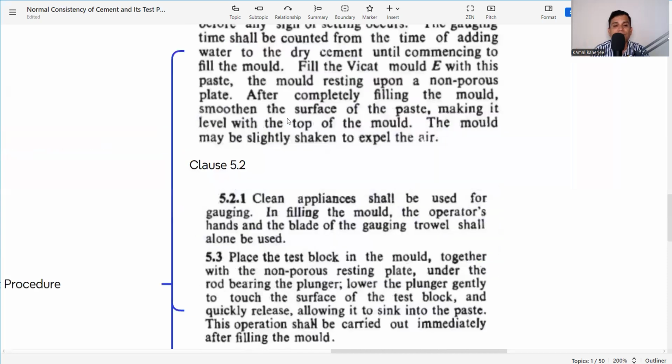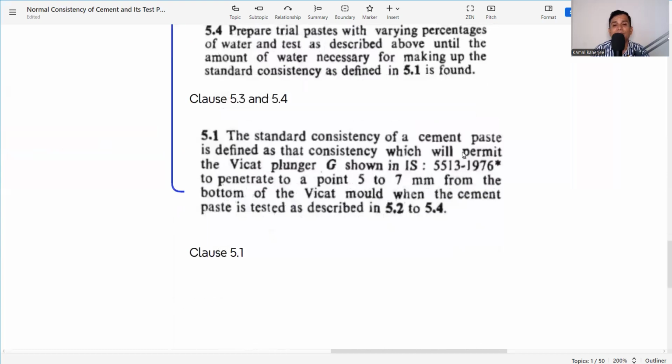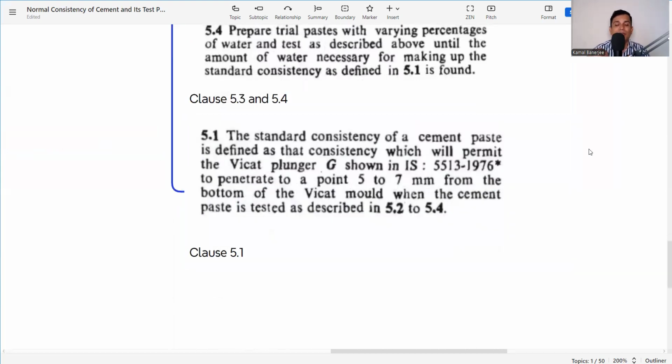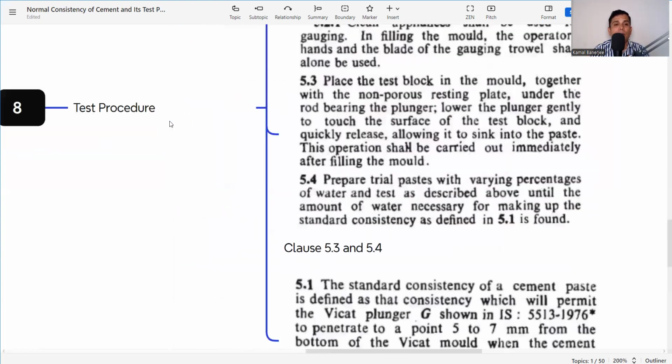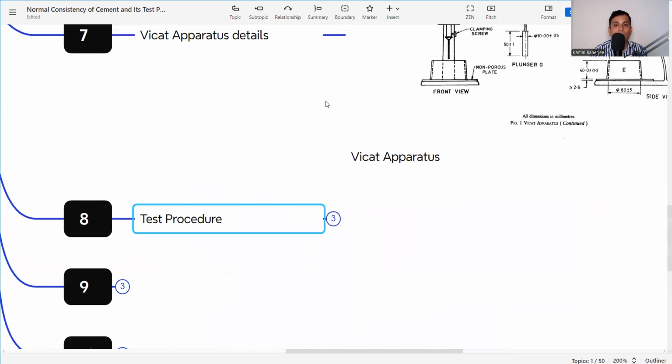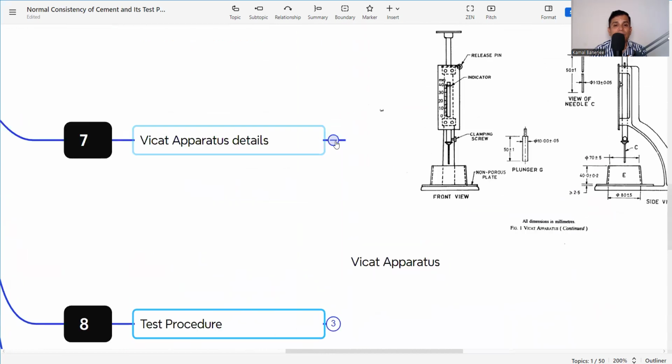And then the standard consistency on the Vicat apparatus is 5 to 7 mm, as I will discuss. If it is not, then again we have to readjust the water. So these are the things we need to know about the test procedure of the normal consistency of cement.